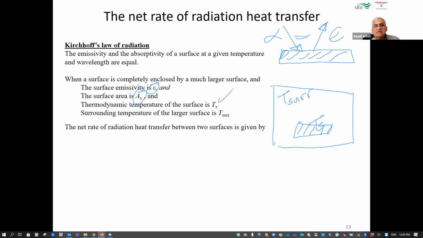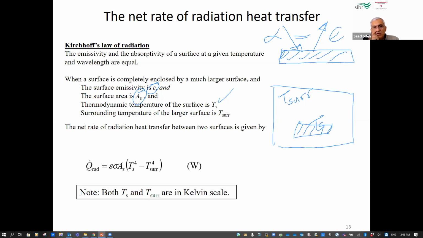So if I know all this information, then based on Kirchhoff's law of radiation, the net rate of radiation heat transfer between this surface and the surrounding or the room can follow this formula. So you know this formula now. This is for radiation. So we know the Q dot by radiation.